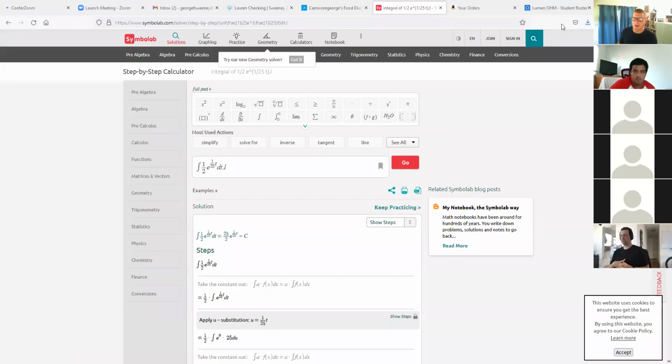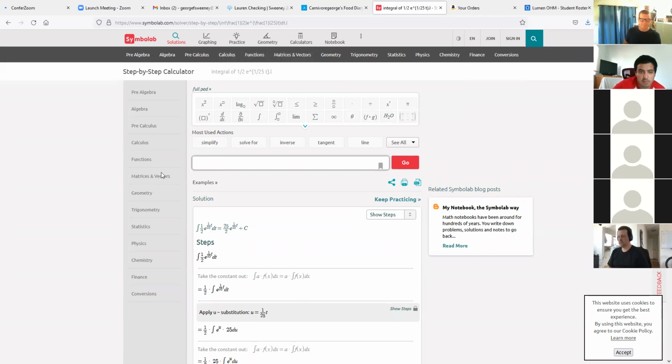This is called Symbolab.com. It's kind of handy. They've gone to a pricing model, but it's not actually all that expensive. You can also use Wolfram Alpha to do some of your integration. For your next exam, you can definitely use this for your integration, not a problem. Can everybody see my screen?